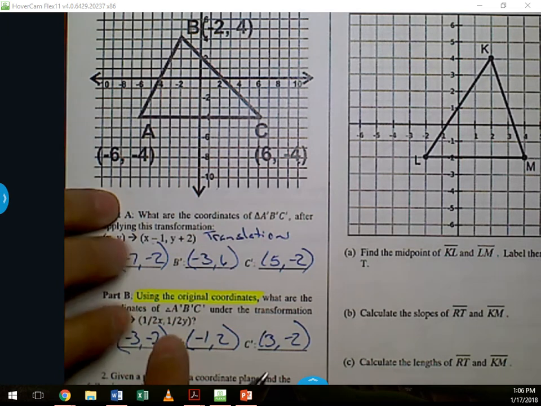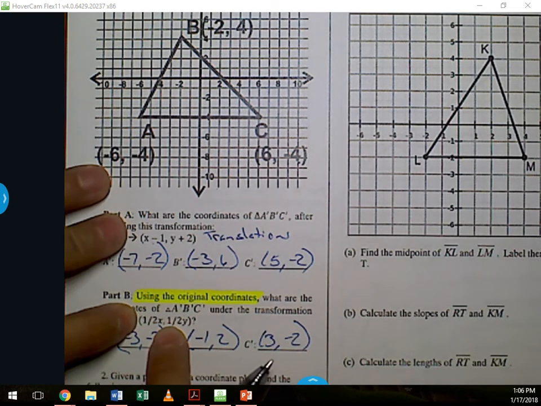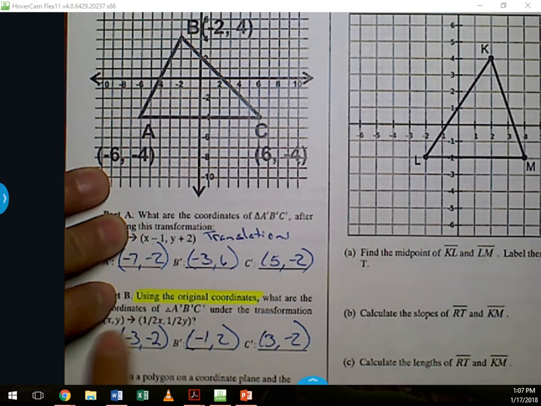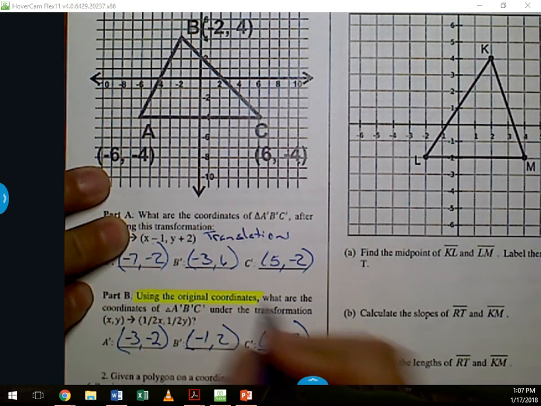Okay? What we call that 1/2, we would refer to that as my scale factor. Very good. Scale factor. So the 1/2 is my scale factor, and I'm doing a dilation of this. So this type of thing is called a dilation.